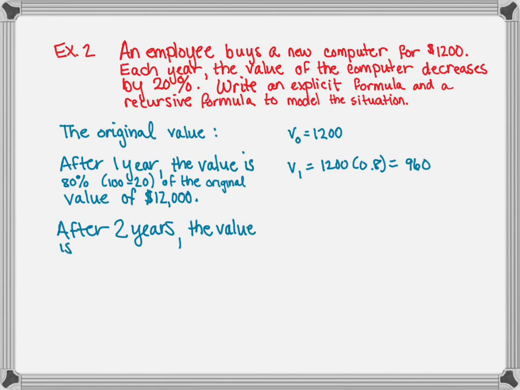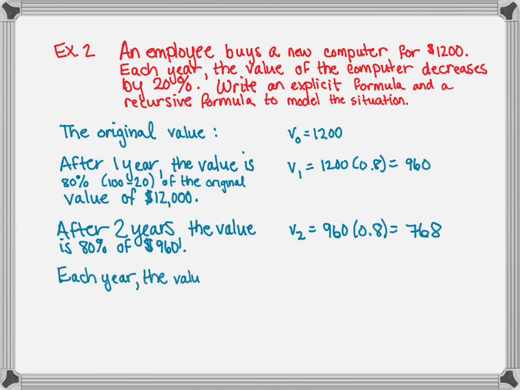After 2 years, the value is 80% of $960. So V sub 2 equals 960 times 0.8, which is $768. Each year, the value is 80% of the previous year's value. So V sub n equals 0.8, that's 80% as a decimal, times the previous year's value, which is represented by V sub n minus 1.